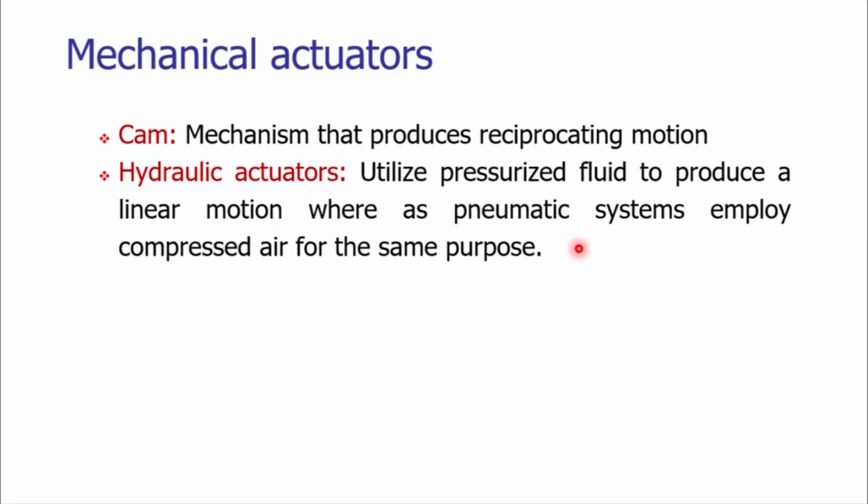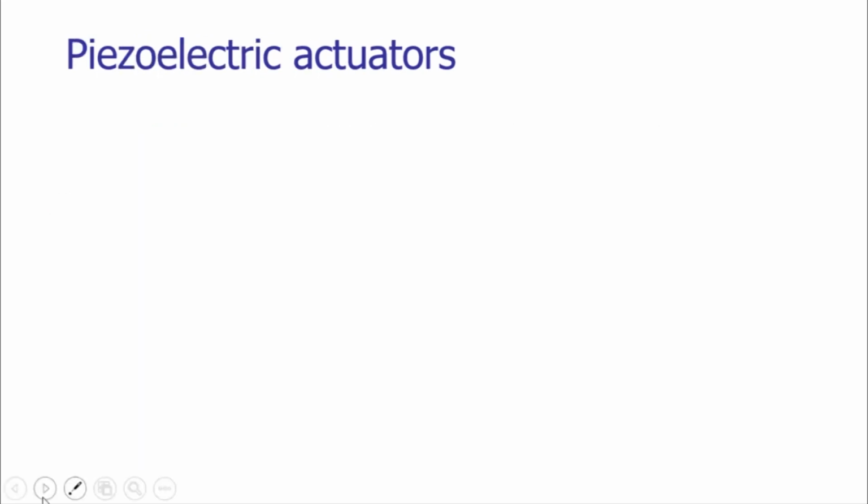In pneumatics, we are using compressed air for the same purpose, that is to generate the linear motion. We will learn the fundamentals of cams and their applications in the next lecture. We will have a comprehensive discussion on hydraulics and hydraulic based actuators in the coming weeks.